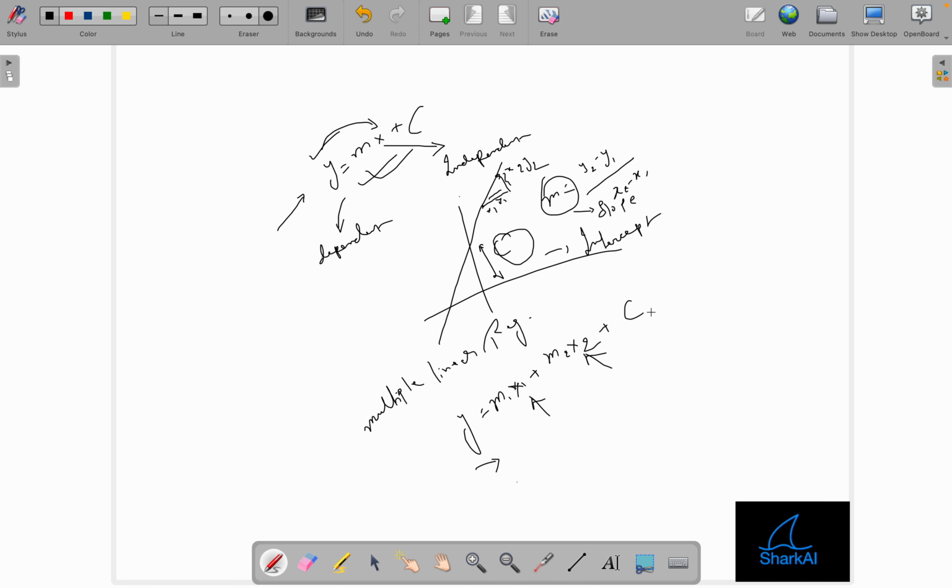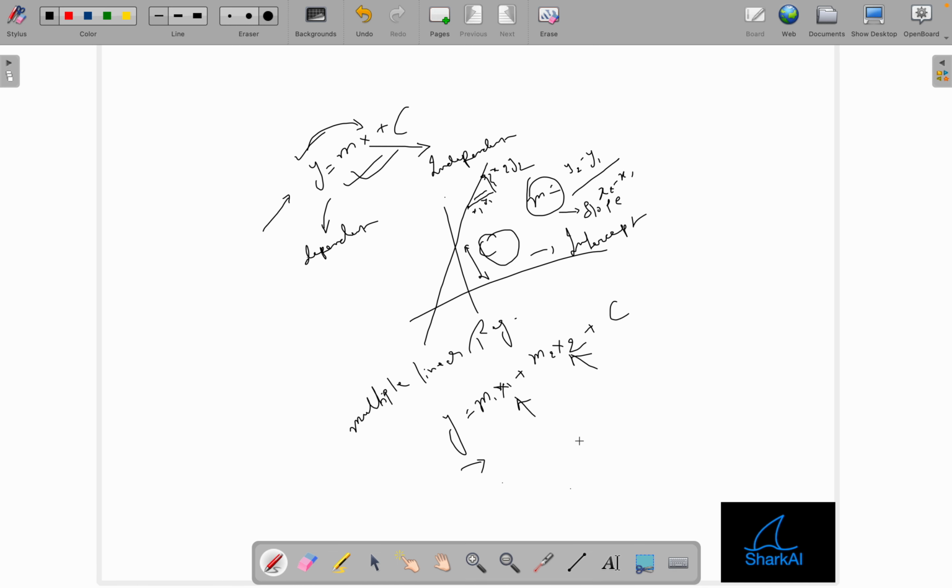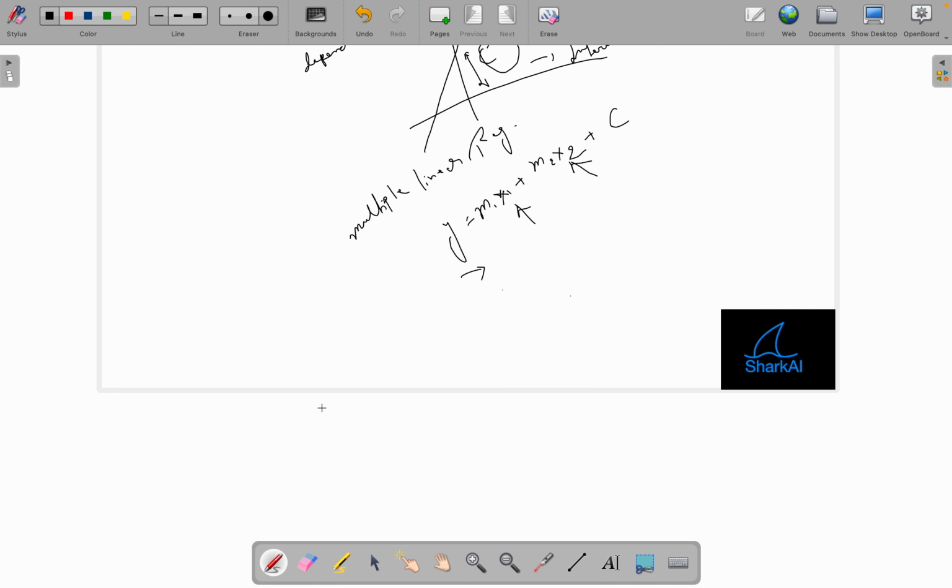And how should the multiple linear regression graph be? Let's draw it. We have two independent variables x1 and x2, so the graph will be 3D. I will not be able to draw it perfectly, but let me try.